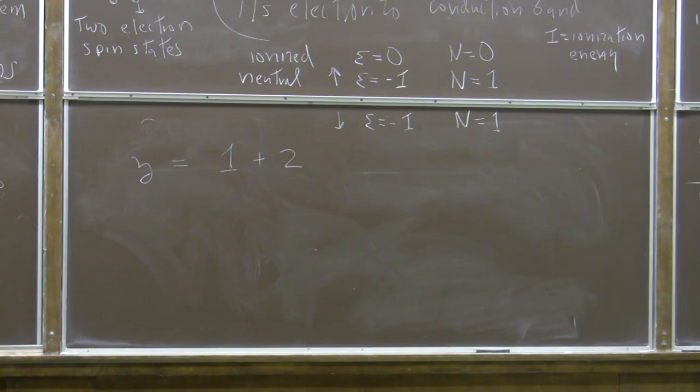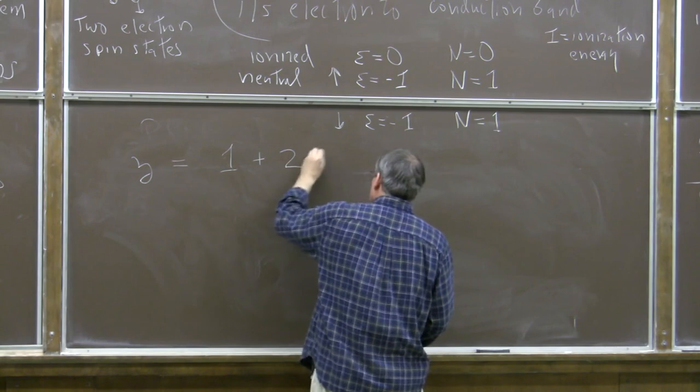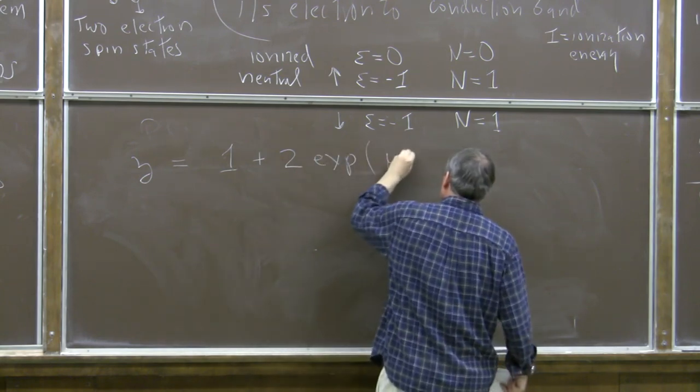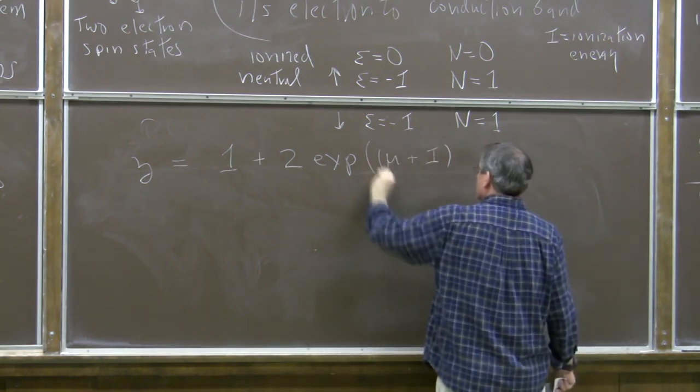And then the chemical potential is multiplied by the particle number, which is 1, minus the energy becomes plus the ionization energy, because the neutral atom has lower energy than the ionized atom. So the Gibbs factor is the exponential of chemical potential plus ionization energy divided by tau.